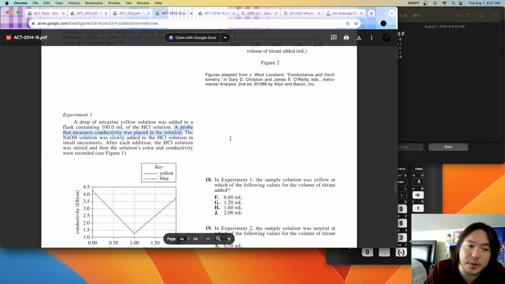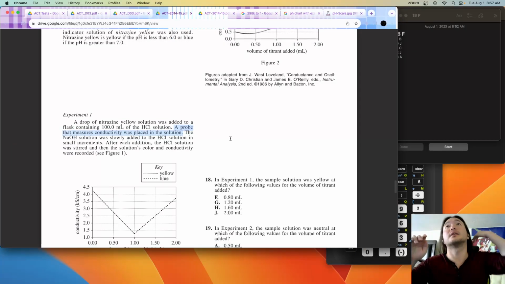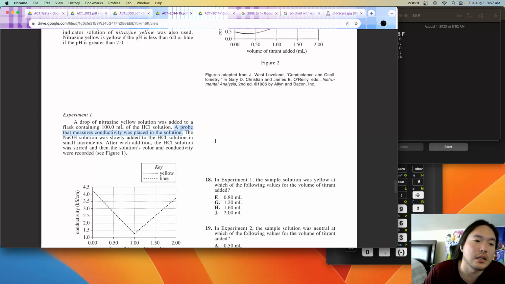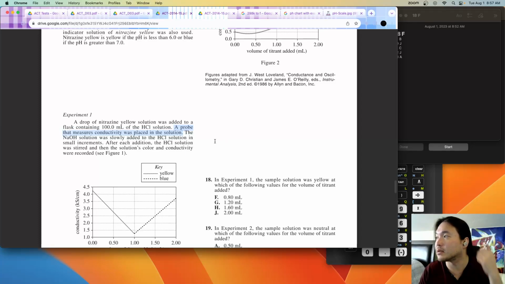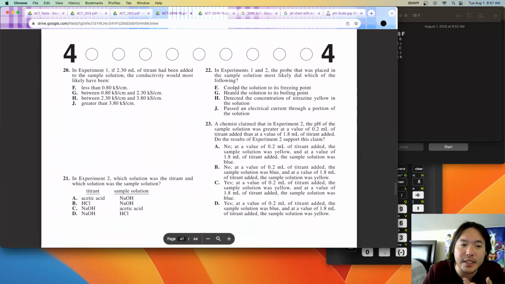So if you have a device that measures if something carries current and how well it carries current, definitely the most direct way to do that is to put some electricity through it and see what happens, right? Obviously we're not freezing the solution or boiling the solution. That would be ridiculous. That would ruin the experiment immediately.